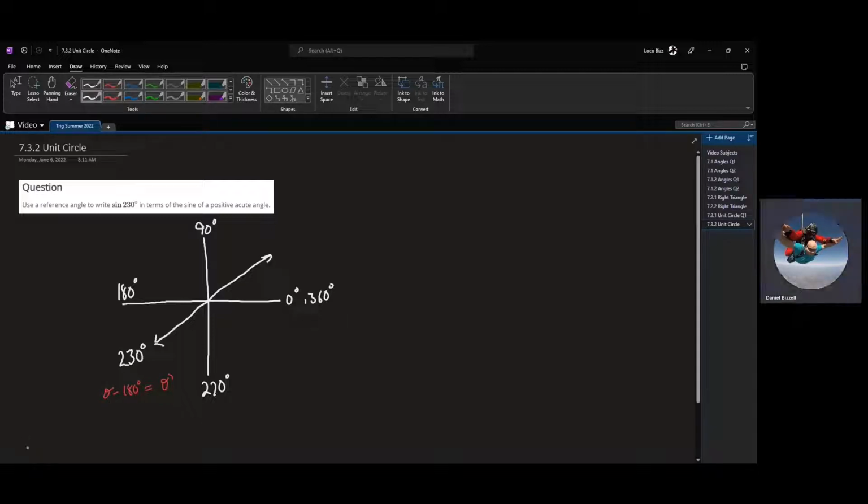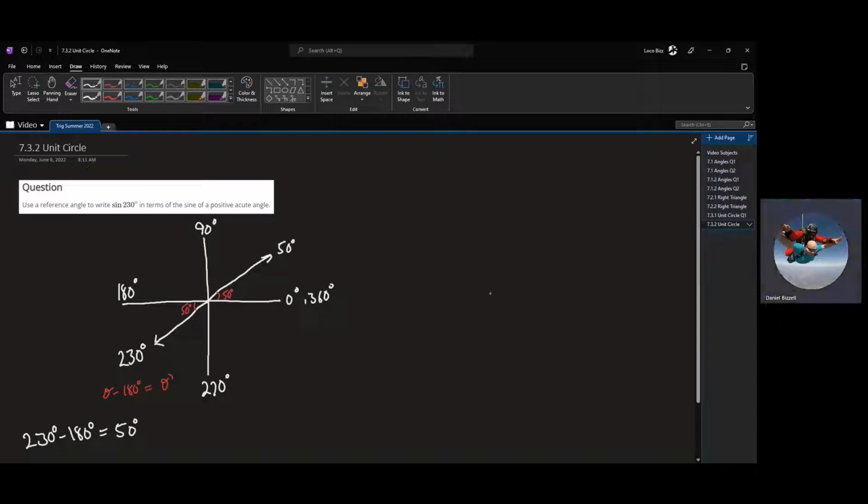So here we have 230 degrees minus 180 degrees, which is 50 degrees. So our reference angle for this angle in quadrant 3 is 50 degrees. And what this means is both of these angles share the same 50-degree interior angle.